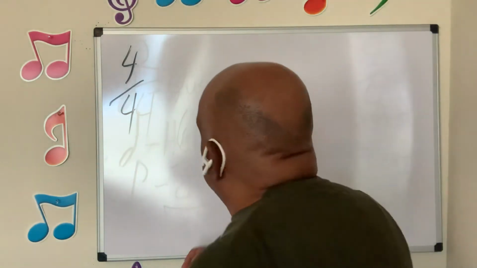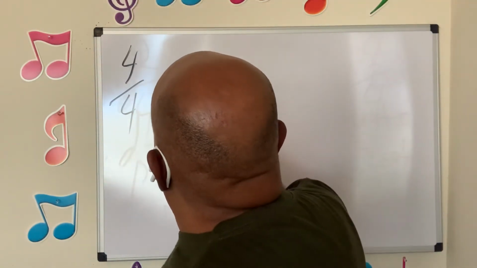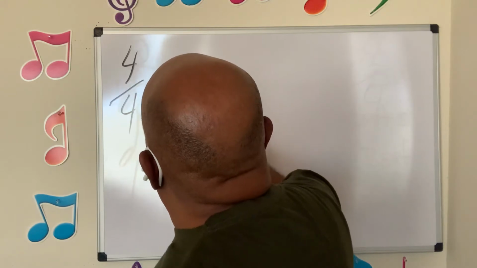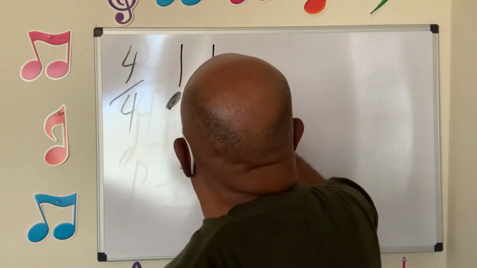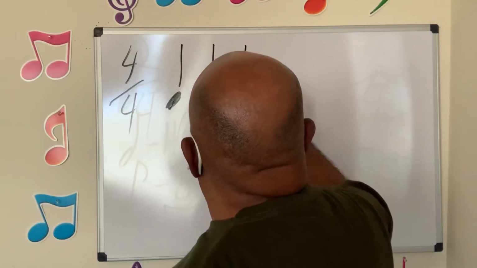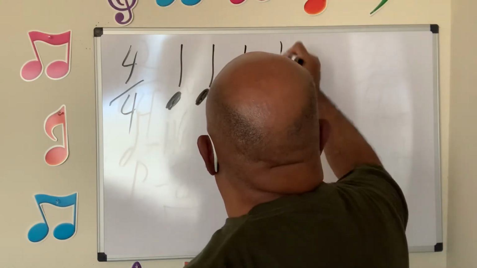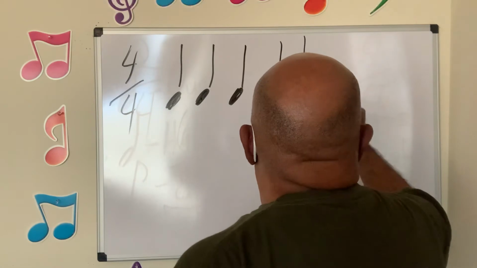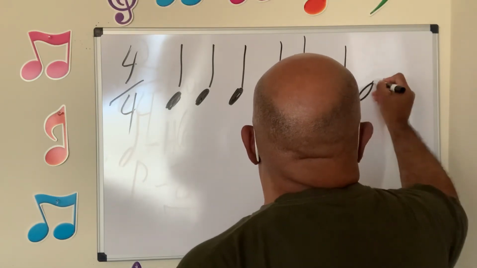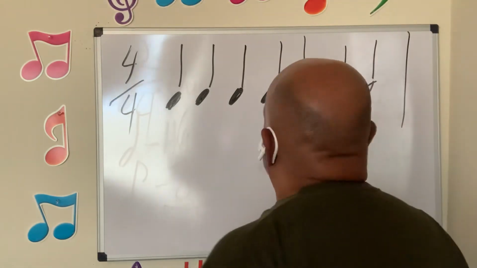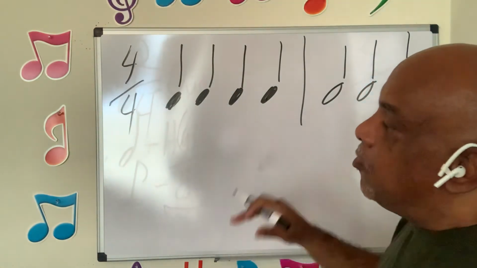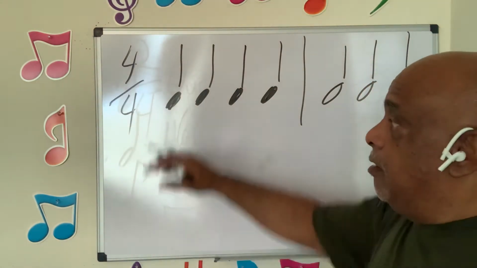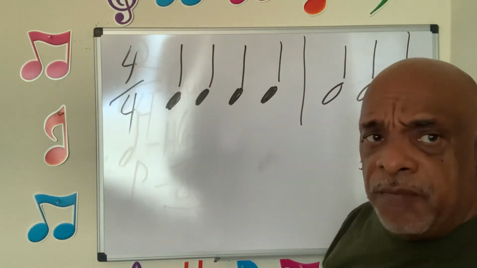So let's put a little rhythm up here to see what we're talking about. Now, I want you to look at this rhythm I put up here. Remember what I said: the top number means 4 beats in a measure.